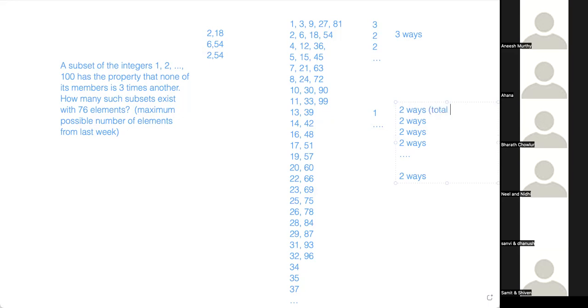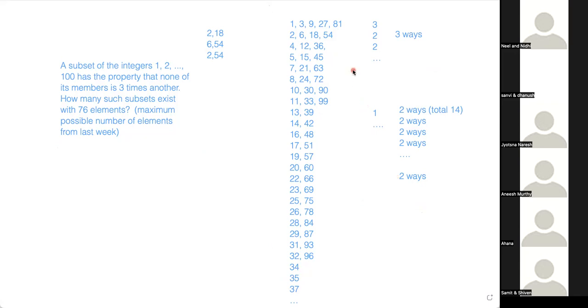I'll write that here. Okay, so now after this point, once we've picked 3, 2, 9, 6, do we have any more options? No, there's just one more way. Yeah, so there's just 34, we have to take 34. There's only 35, we take 35, and so on. Okay, so now based on this, how do we get the answer? What do I do with all these numbers? You add them.